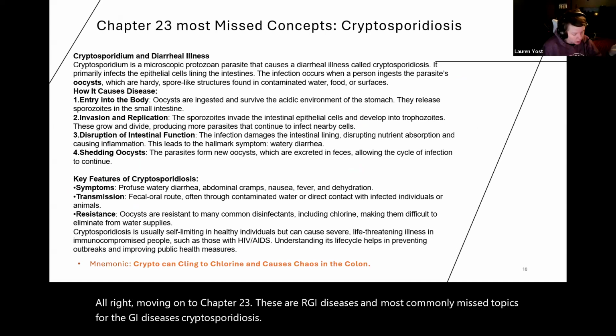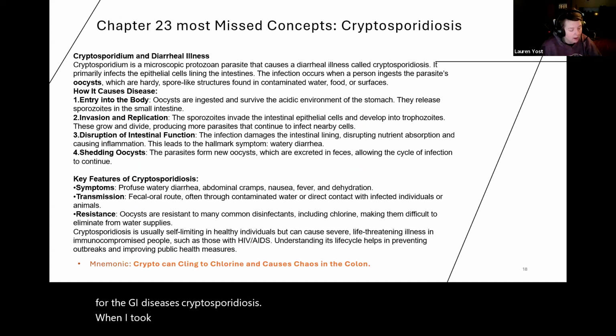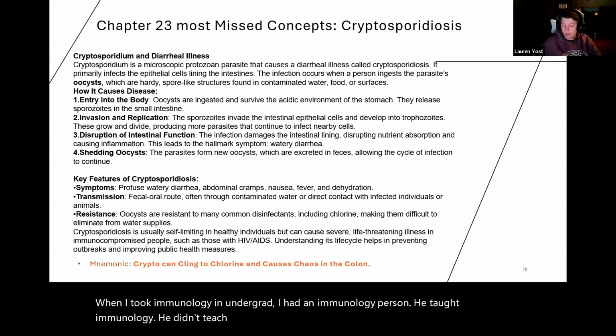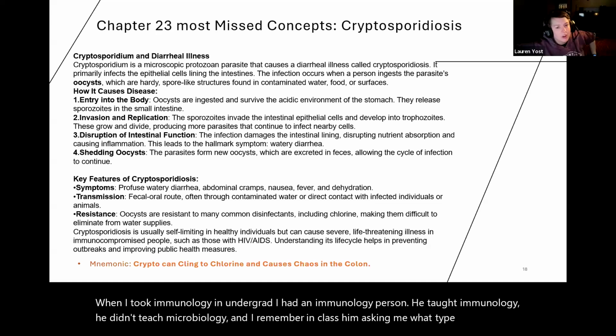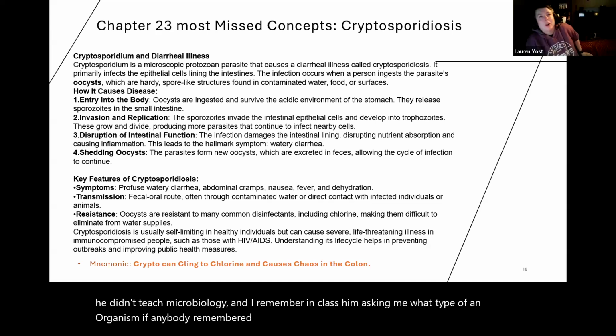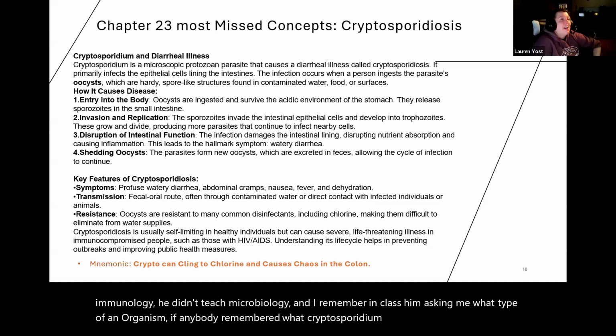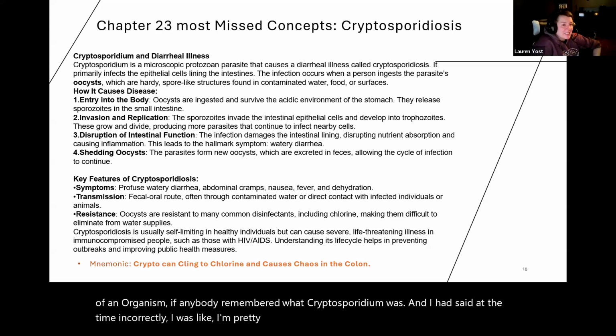When I took immunology in undergrad, I had an immunology professor. He taught immunology. He didn't teach microbiology. And I remember in class him asking if anybody remembered what type of organism Cryptosporidium was. And I said at the time, incorrectly, I'm pretty sure it's a fungus.